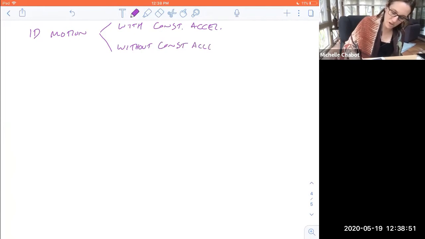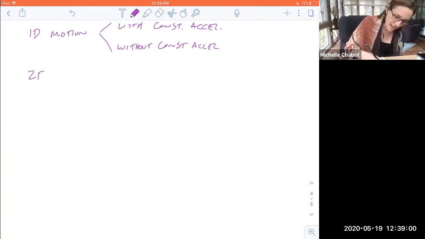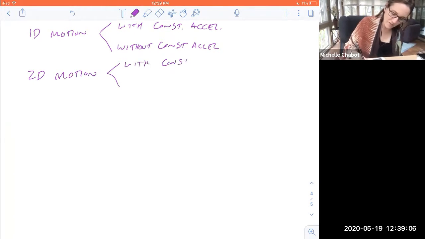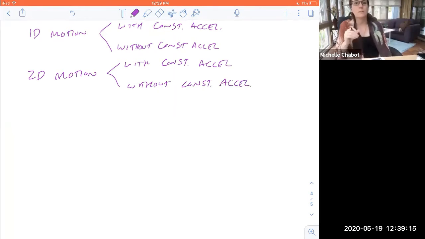Either we use our kinematics equations for constant acceleration, or we use calculus for non-constant acceleration. And then we have 2D motion, again with constant or non-constant acceleration. So that was the beginning.